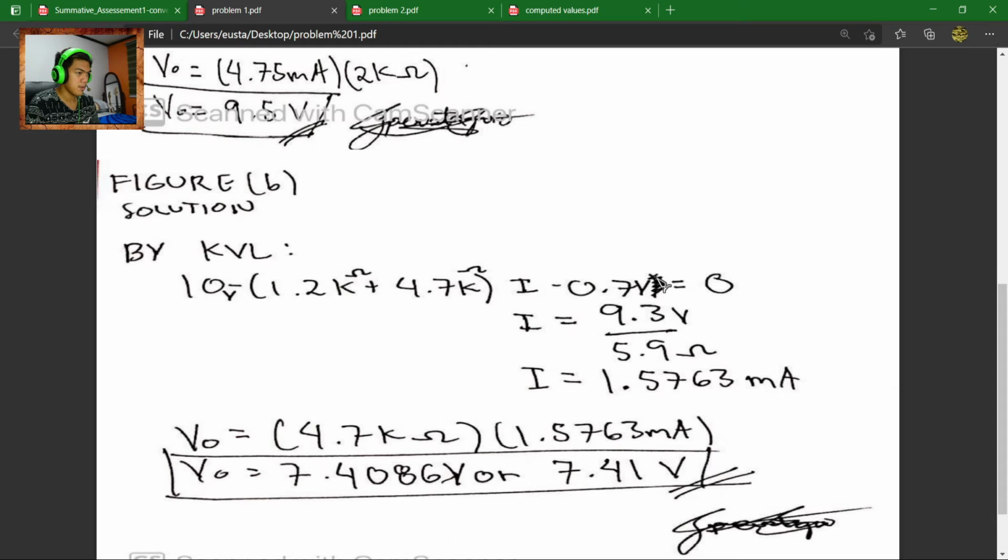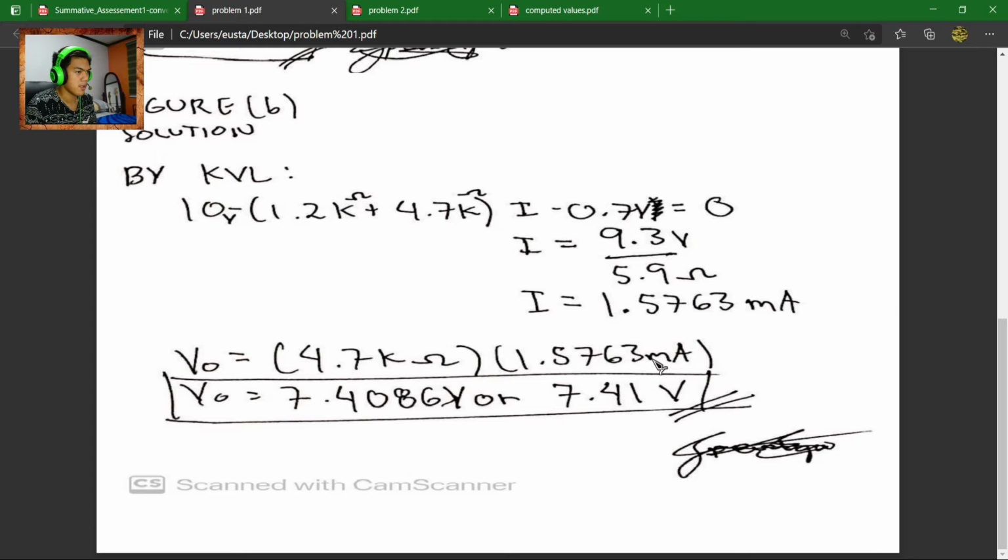Transposing values to find the answer for the current, 9.3 volts divided by 5.9K ohms is equals to 1.5763 milliamperes. So we got the value for the current to solve for the VO.